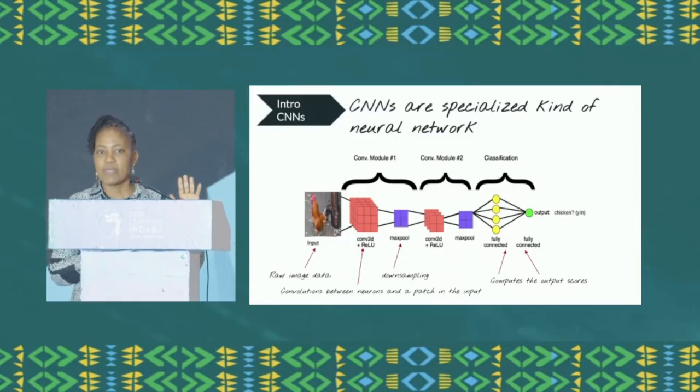And they are very successful in practical applications, such as winning many competitions, such as the ImageNet Challenge, as well as being applied in optical character recognition systems, and of course, disease diagnostics.